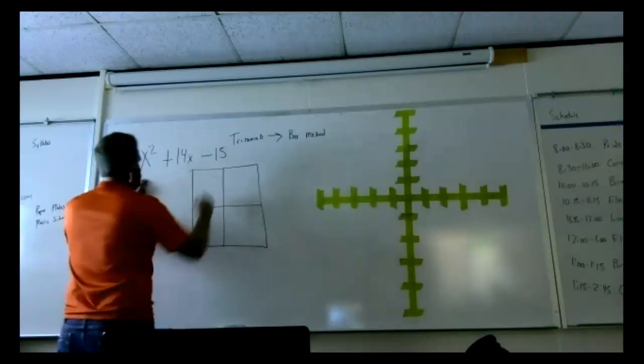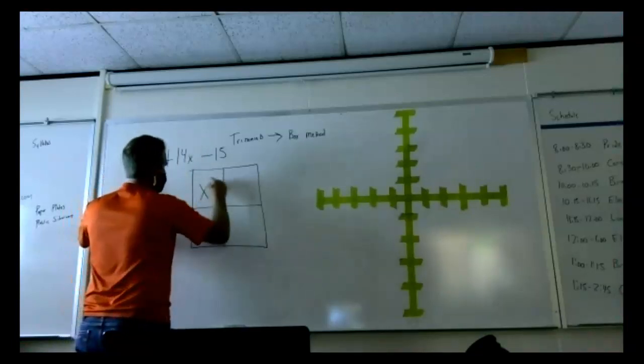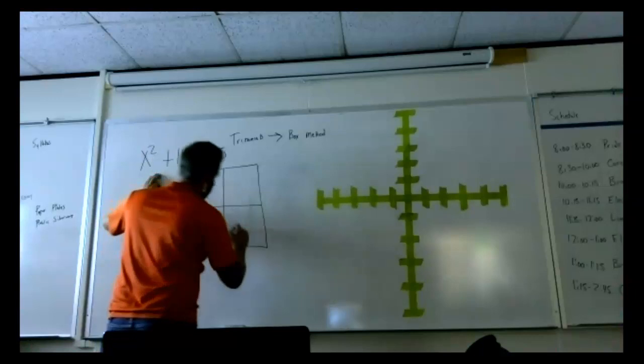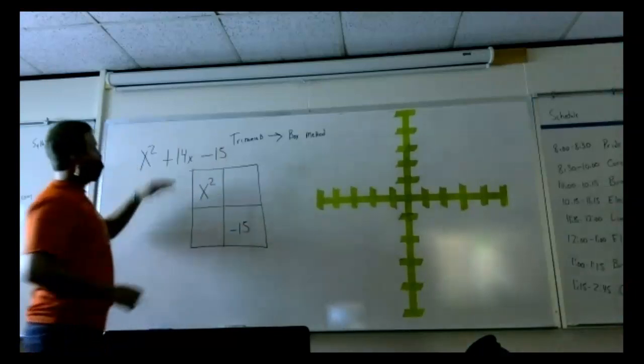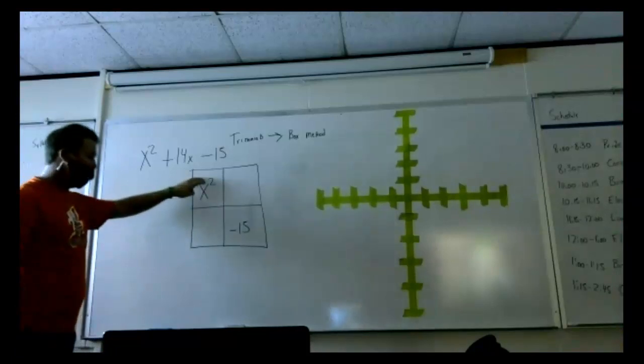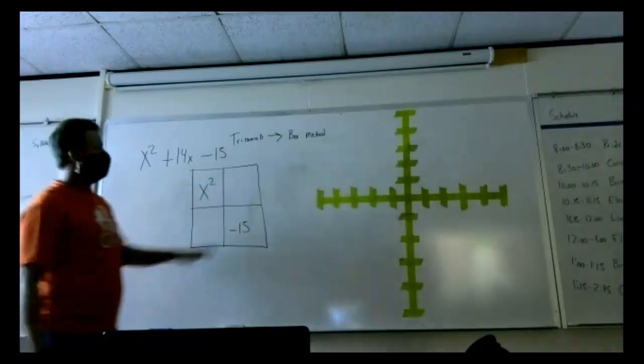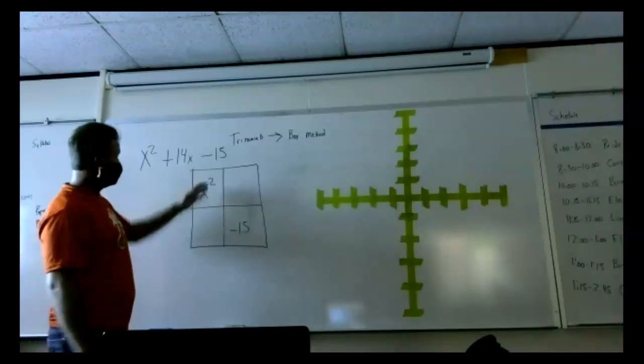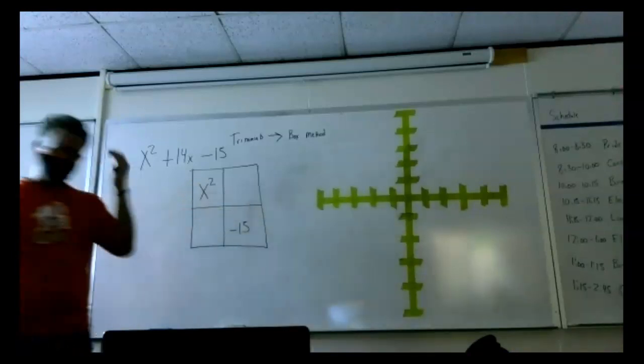Once again, we take the term a and we put it in the top left, and we put our term for C in the bottom right. Top left, bottom right. Remember.